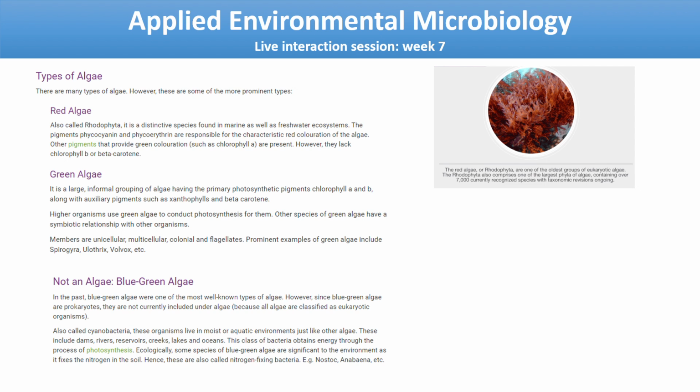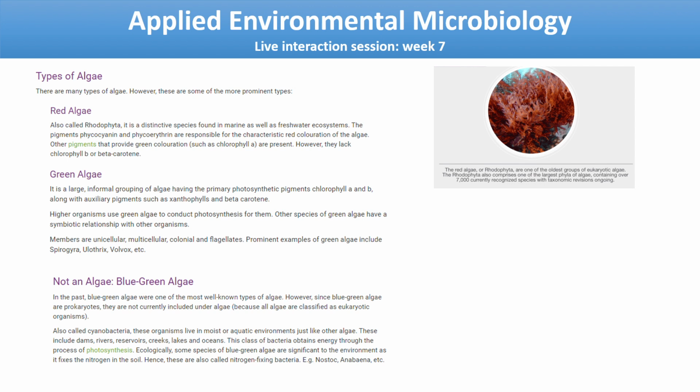Blue-green algae is also known as cyanobacteria, and these organisms, as with any other algae, survive in aquatic environments, including river reservoirs, creeks, lakes, oceans, etc. They obtain energy through photosynthesis, and they are also able to do nitrogen fixation. For example, Nostoc, Anabaena, etc.